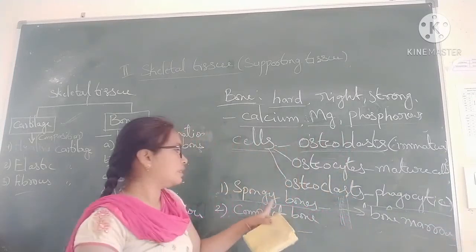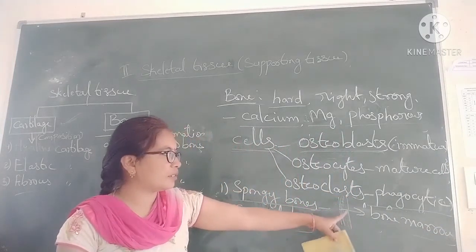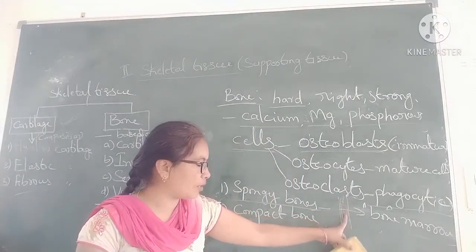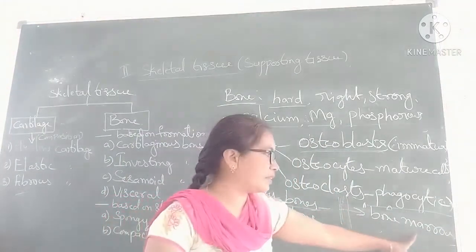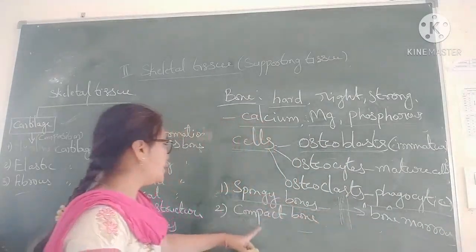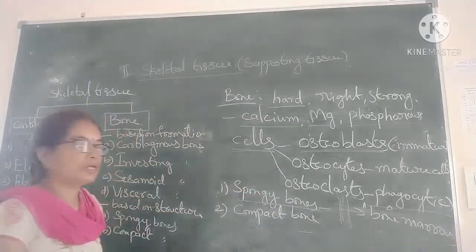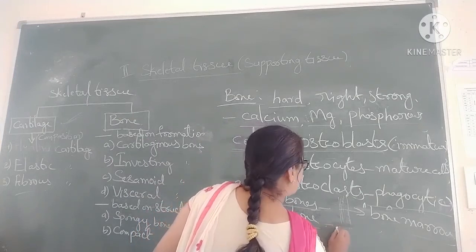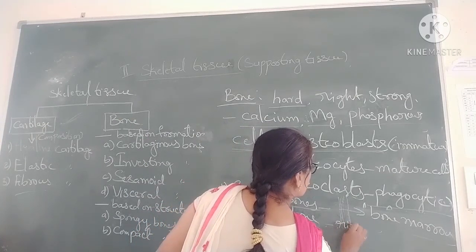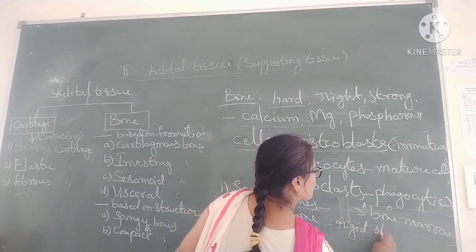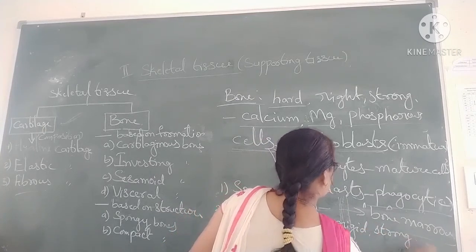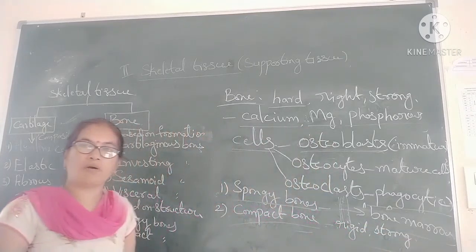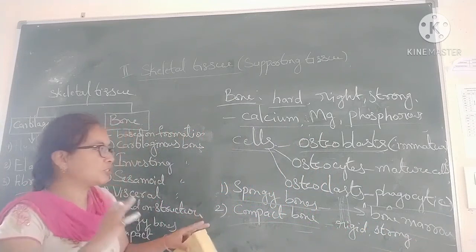The compact bone is rigid and strong, and it contains no spaces.